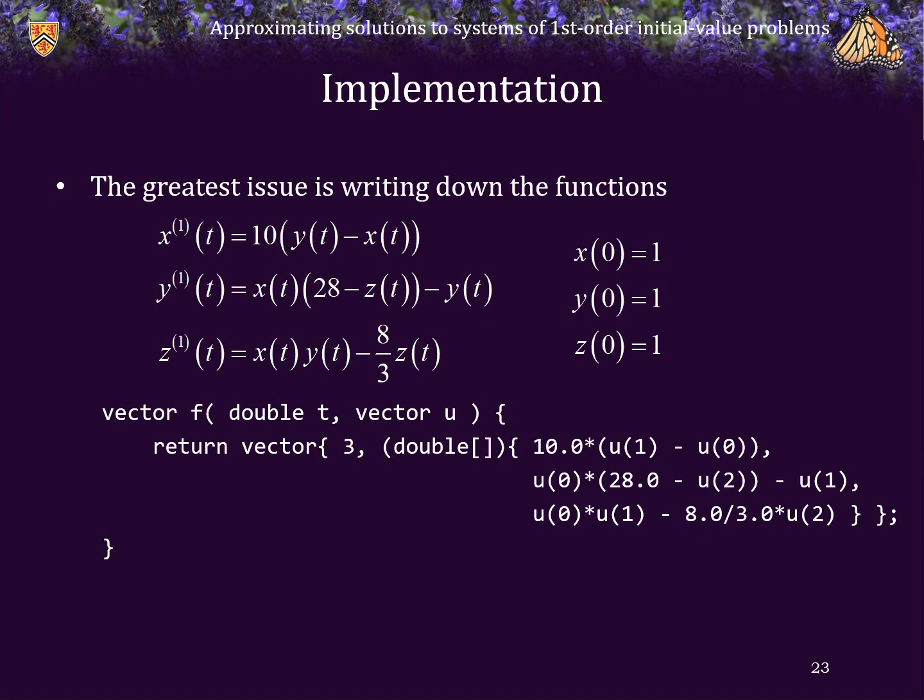Having made all those changes, that's exactly what you see there. So, again, reasonably straightforward. And of course, the initial condition is a three-dimensional vector where all the values have the value 1.0.